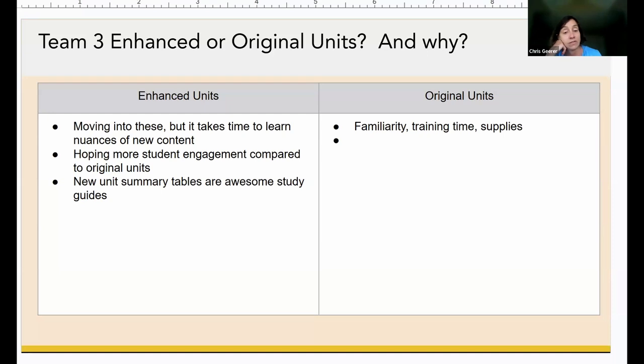Everybody's prep time is always compromised. Hoping for more student engagement, and the unit summary tables are awesome study guides. And the originals, because you're familiar, don't require training time, and you maybe already have the supplies to do them. And team two didn't record anything.